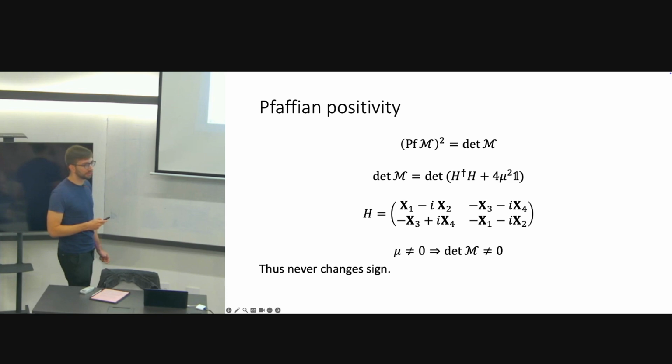So for mu positive, say mu is 1, this is always non-zero, because you can write this as a product of positive eigenvalues plus mu. So this is never zero, so the only way that the Pfaffian could change sign, since its square is the determinant, is that this square gives zero. Here the determinant is positive. It's not a complex number. If it were a complex number, I could go to a negative value without crossing zero. But here it's positive, so it has to cross zero to go to negative.